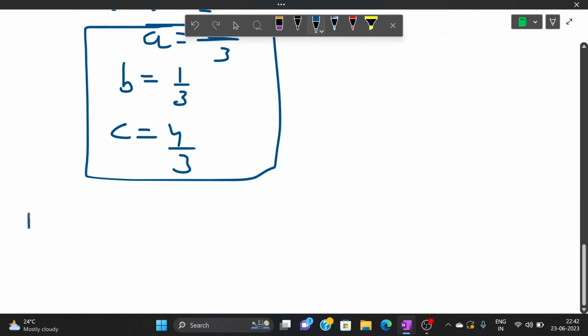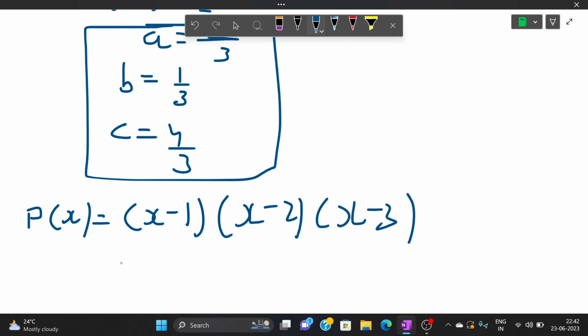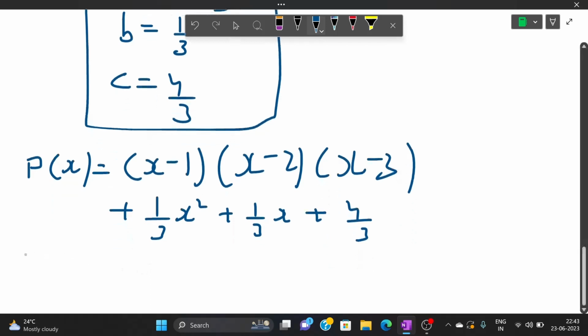So we have P of x equal to x minus 1 into x minus 2 into x minus 3 plus 1 by 3 x square plus 1 by 3 x plus 4 by 3. Simply put x equal to 4.